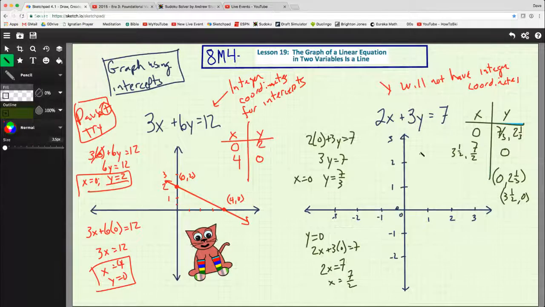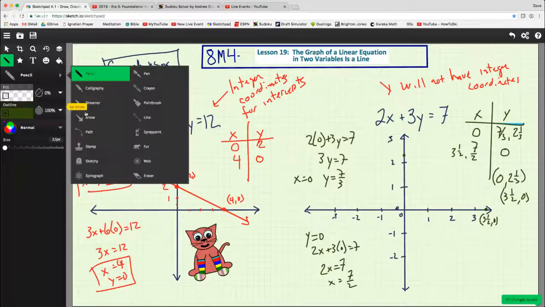So 0, 2 1/3. So 2 1/3 is right about, oh, who knows? It's about right here, because that right there is 2.5. So 2 1/3. And here's 3.5, 0. Right here. And we make our line.